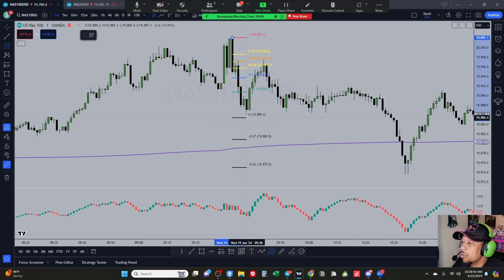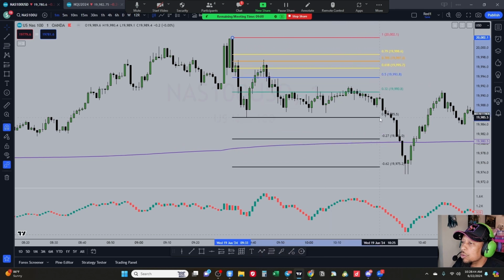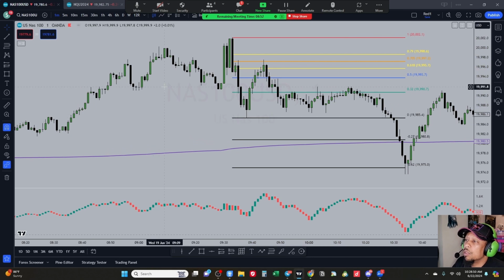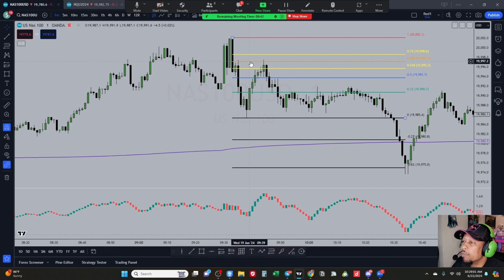High to low. Oops, stretch that over. High to low. All right, this one, you don't really have the fair value gap in here that we would be looking for, right? But what it did tap into was this order block.